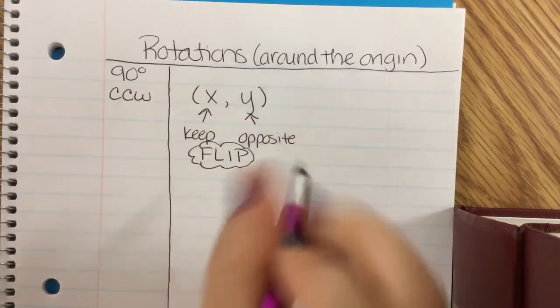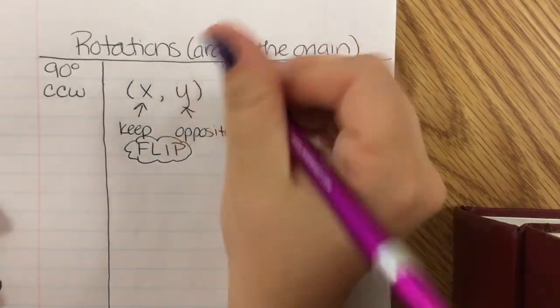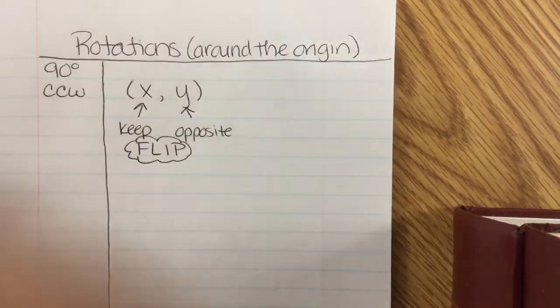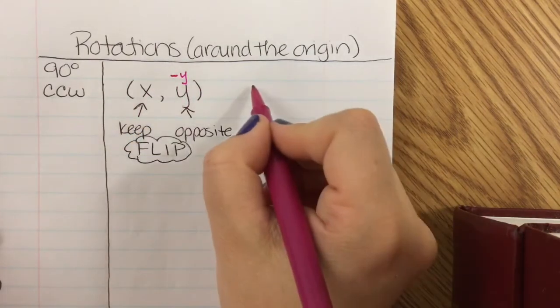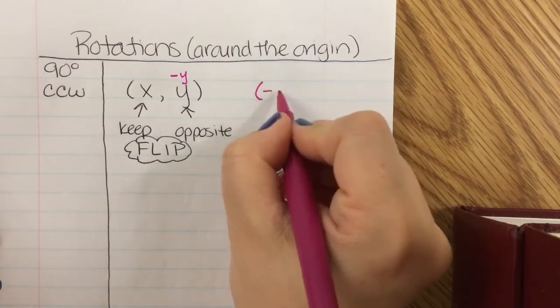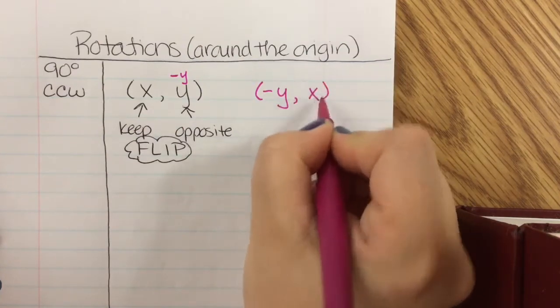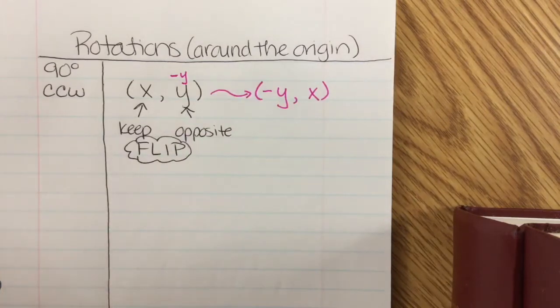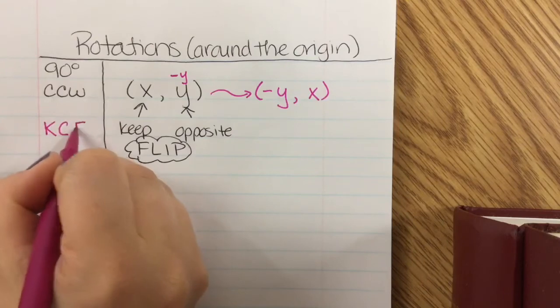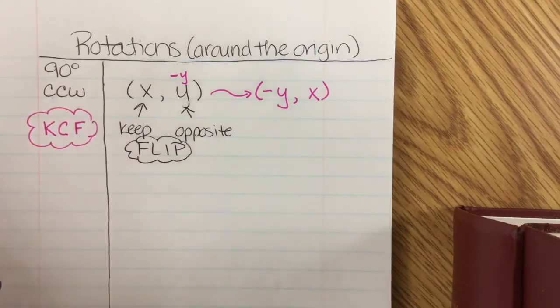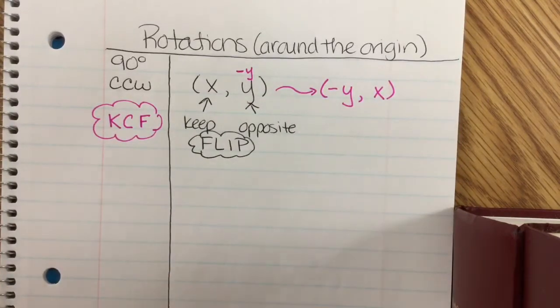So the x stayed the same, the y became the opposite of it, and then we flip the points. So this time it is a keep, change, flip. This is one of the reasons that I liked it when they called the other one 270, because then you could distinguish: now it's more of a 90 counterclockwise than a 90 clockwise.